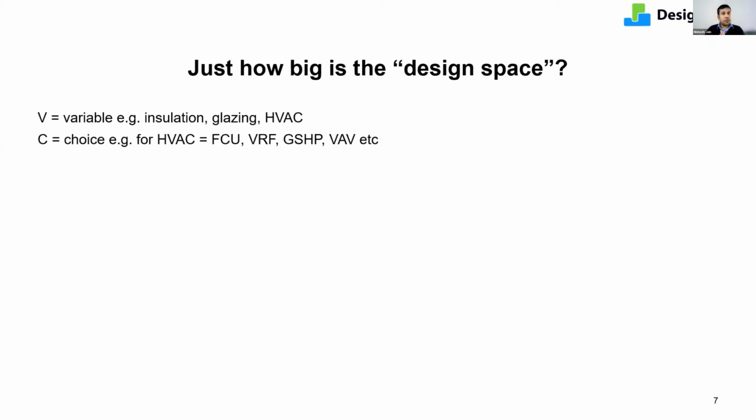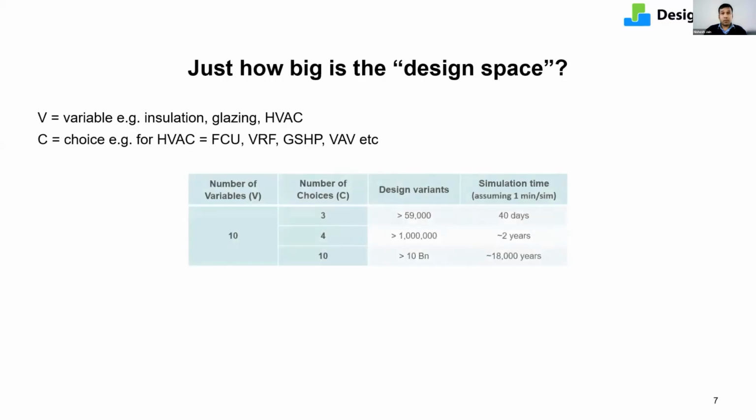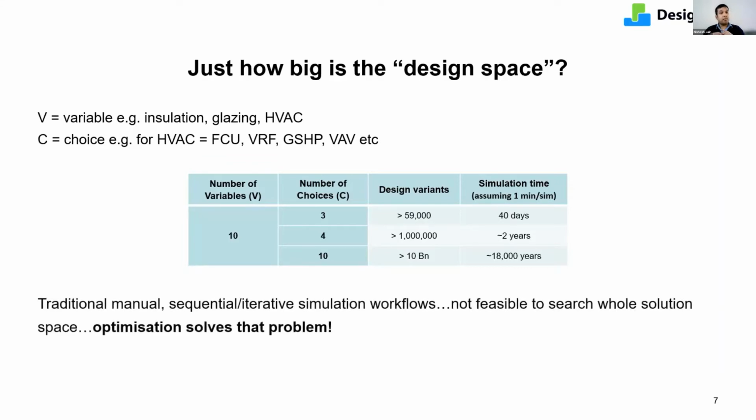For example, for your HVAC system, you might have a fan coil unit, chillers and boilers, or a VRF or VAV, or a ground source heat pump, whatever options. Then, if we have 10 design variables and each variable has say 4 options, you have over 1 million possible combinations, and manually checking them can take a huge amount of time and effort.